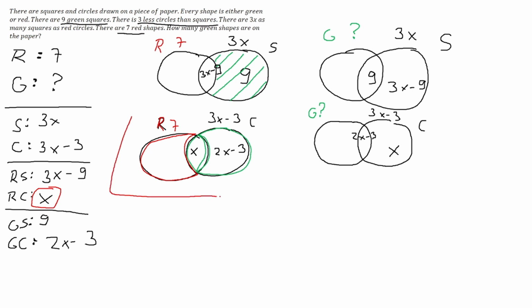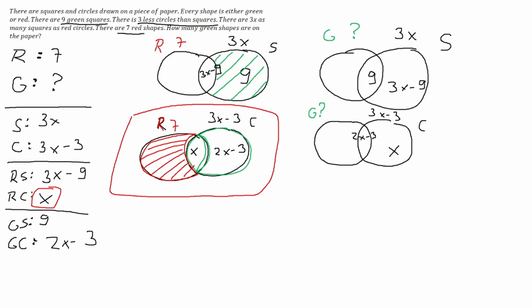And this right here is the Venn diagram for circles and for the red shapes. So our red circles are x, right? I've already explained that. That's quite easy. So now what we're gonna do is try to figure out this part of the diagram, which is only exclusive to red shapes.